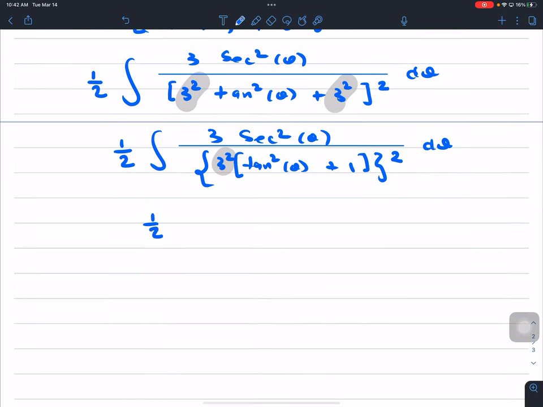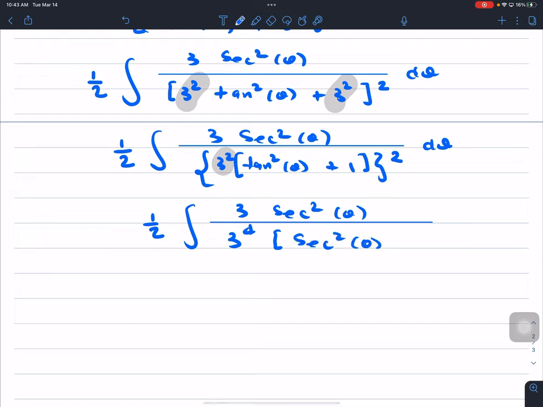If I focus on that, that means a couple of things. The numerator is still 3 secant squared theta, right? And then your denominator, ladies and gentlemen, is going to be what? That's going to be, if I distribute, isn't that 3 to the 4th? And then what's tangent squared theta plus 1? Do you guys know what tangent squared theta plus 1? Or secant squared? Isn't that secant squared theta?